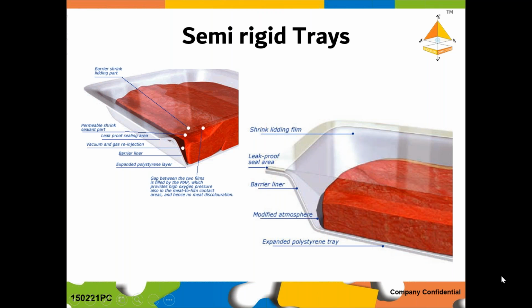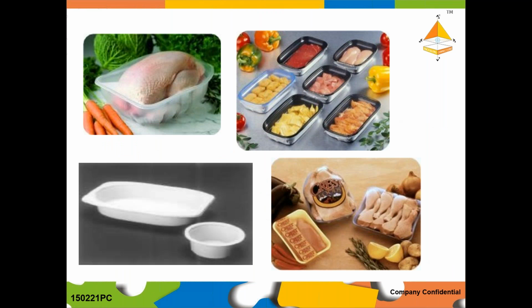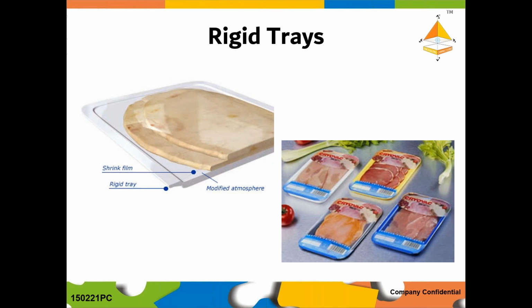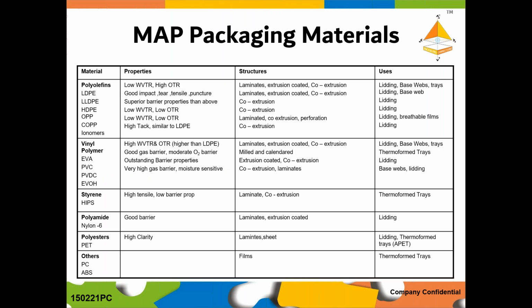This is some more pictures in the tray. Rigid trays. Different MAP packaging materials are based on polyolefins, vinyl polymers, styrene trays, polyamide nylon, good gas barriers, especially oxygen, polyester, very high clarity, and others.